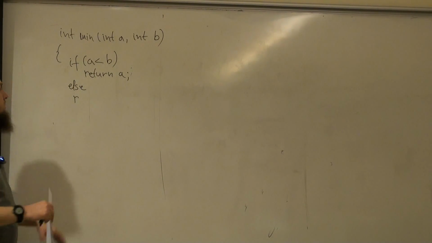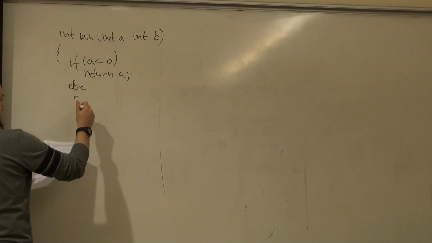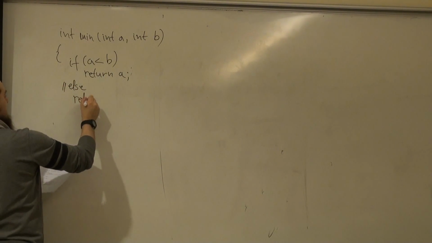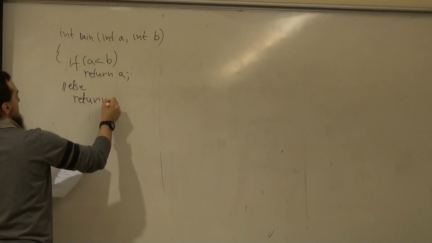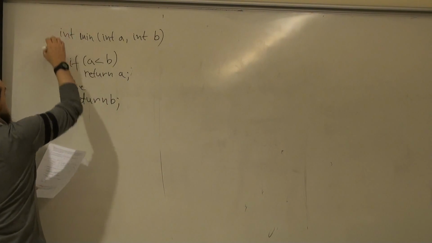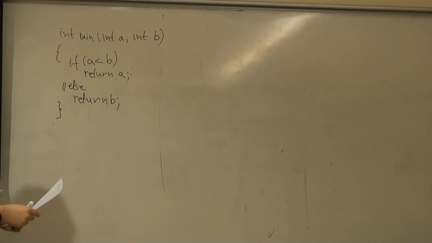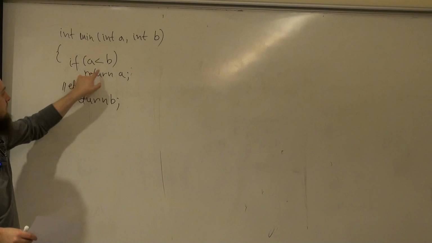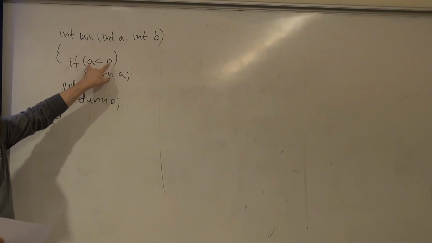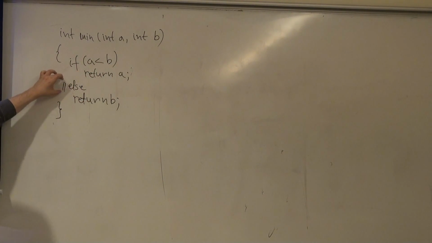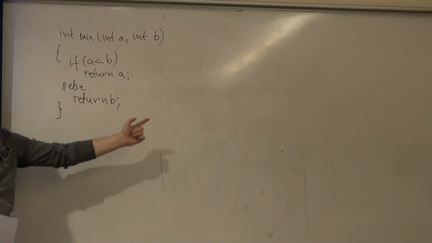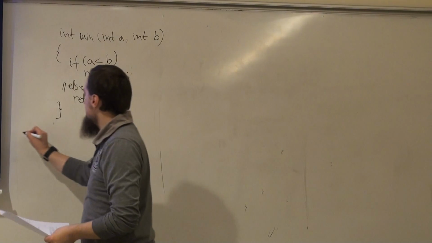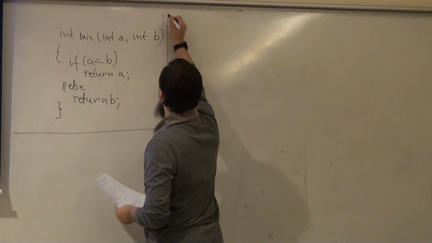We don't check the other lines, okay? That's why I'm going to comment it here like this. Otherwise, return b. We don't return twice, only once. However, if this condition is not true, even if we don't put else here, automatically we are going to return b, which is what we are looking for. So this is the minimum function that we are going to use.